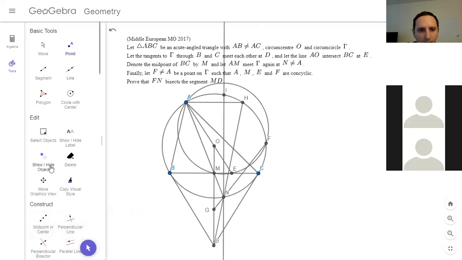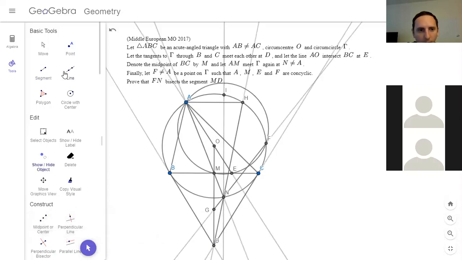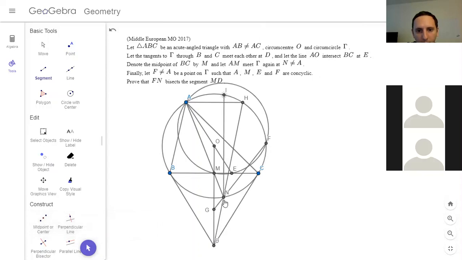So AIHF, we want to show that cross ratio is minus 1. Is it an isosceles trapezoid? Not. Let's see. AIHF.